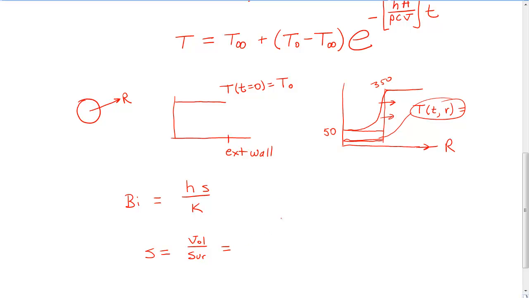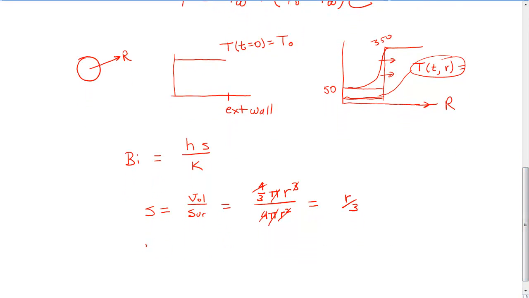So if we consider this to be a sphere, what we end up with is 4/3 pi r cubed over the surface area, 4 pi r squared. So taking out one of those, this taking out that, it ends up being r over 3.